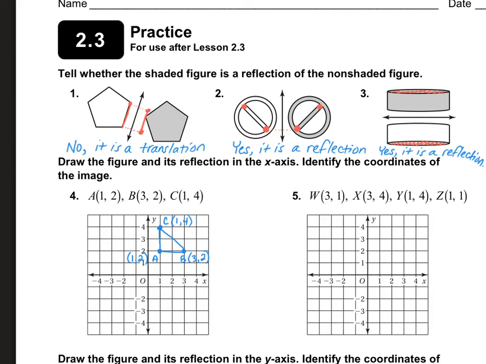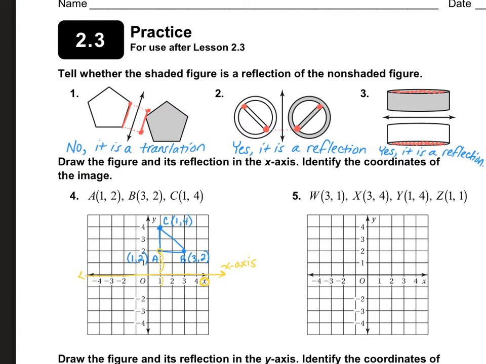All right, so let's take a look and it says draw the figure. Okay, we just did that. Now we need to draw the reflection in the x-axis. So let's see where the x-axis is. Aha, this is a clue. There's an x there. That means that this is my x-axis. So if I'm going to take each of these points and reflect them, I'll start with letter A. I'm going to go to the line of reflection. I'm going to count 1, 2 to the line of reflection.